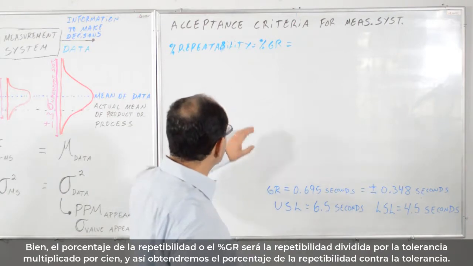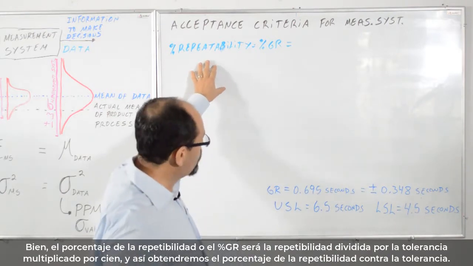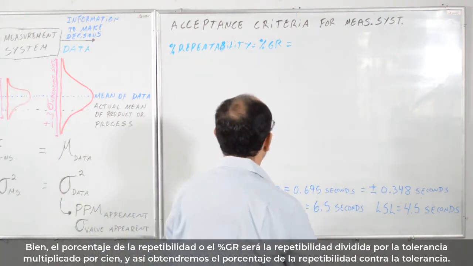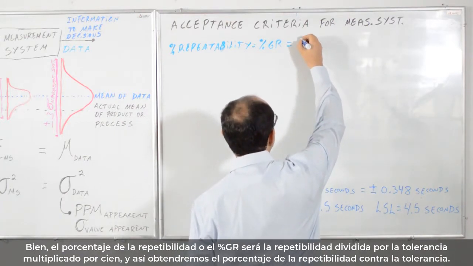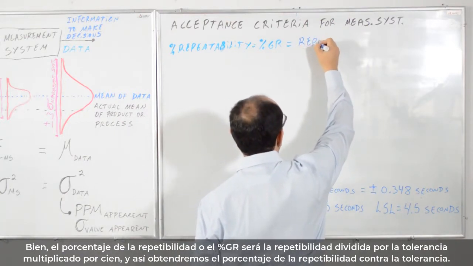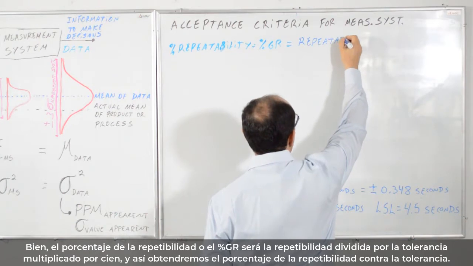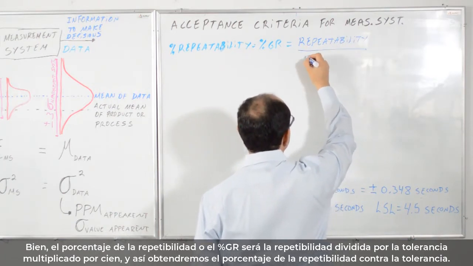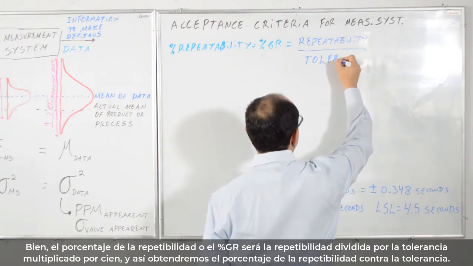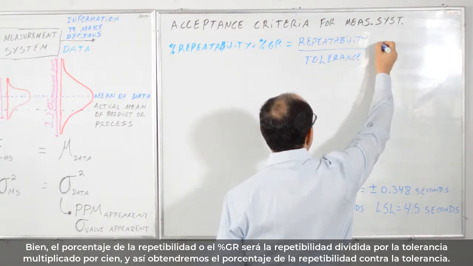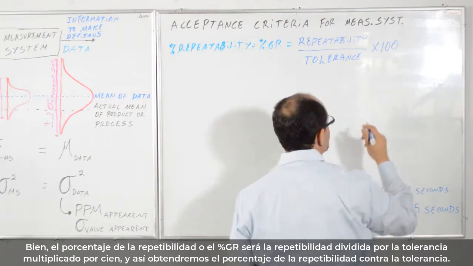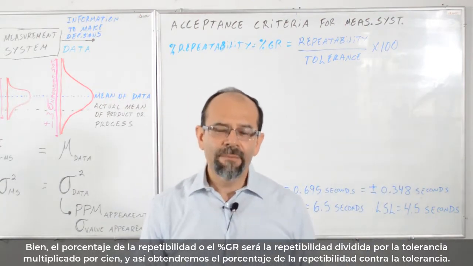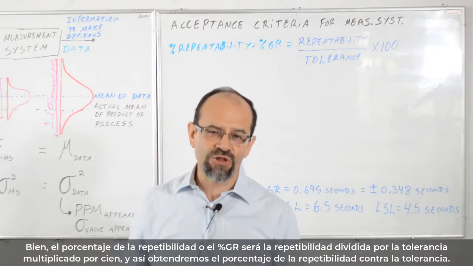So the percentage of repeatability, or percentage of gauge R, will be the repeatability divided by the tolerance, times 100. And that's it. That will be the percentage of repeatability against the tolerance.